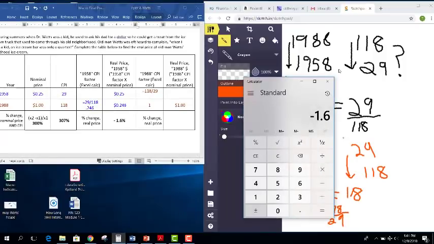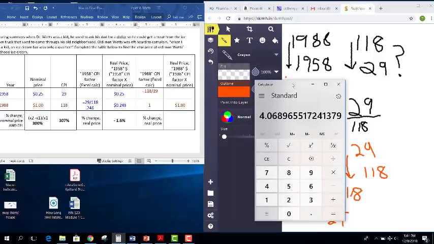Do that on your calculator. It's going to be about 4.0, let's call it 4.07. Okay, and now multiply that by your old price. There's that value times the old price of 0.25. 1.017. Let's go with that.